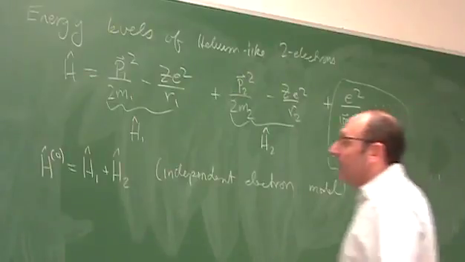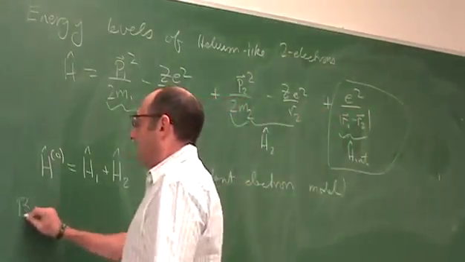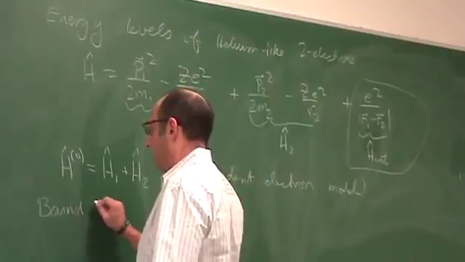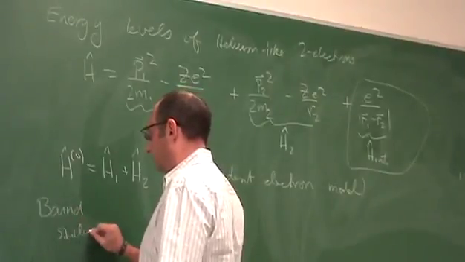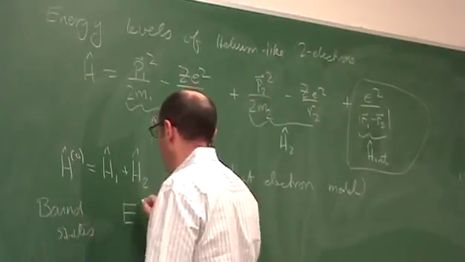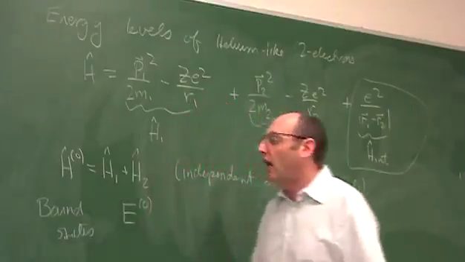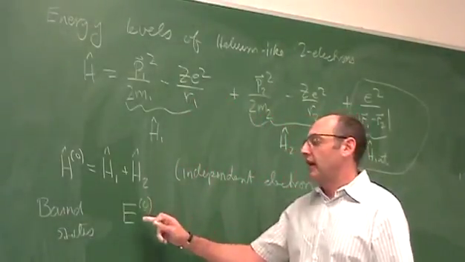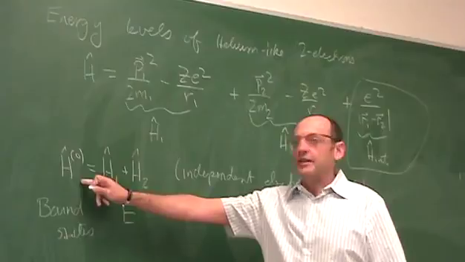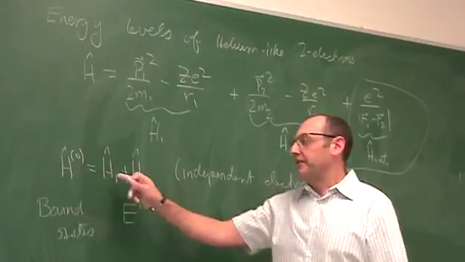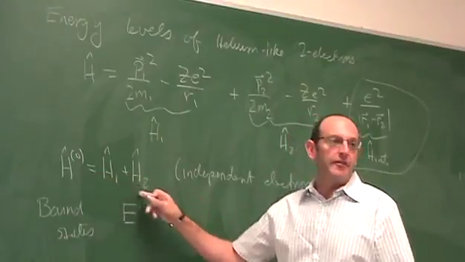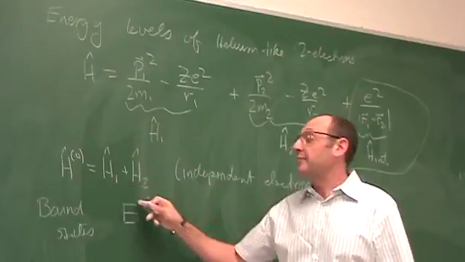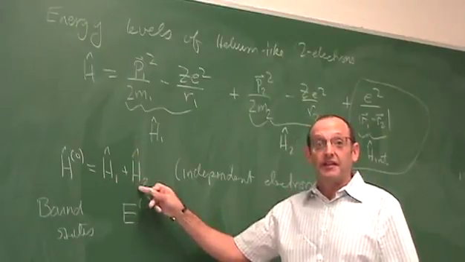What are the bound states of this? Well, the bound state energies of this Hamiltonian are just the sum of the bound state energies of these, because this is a separable Hamiltonian.